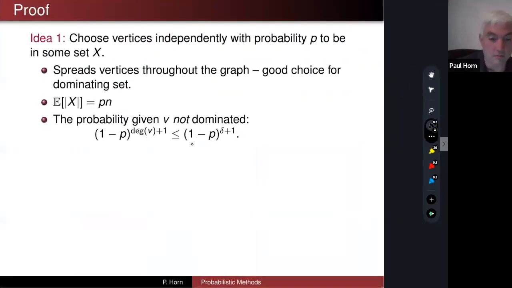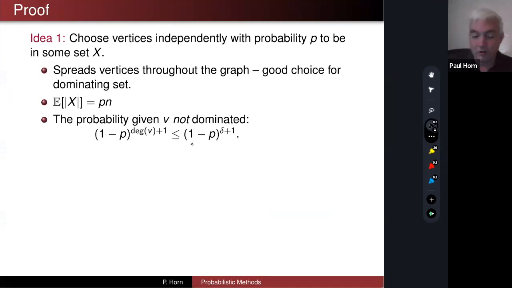I want to prove this. So I have a graph. I want to find a dominating set in the graph. I don't know anything about the graph except for its minimum degree.